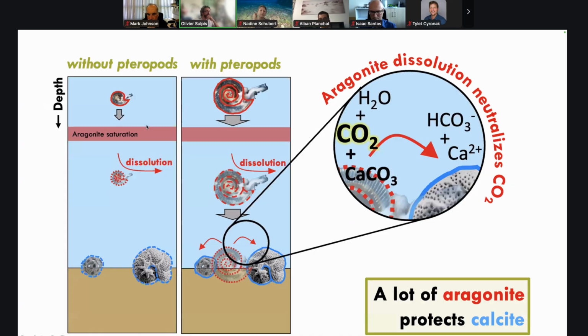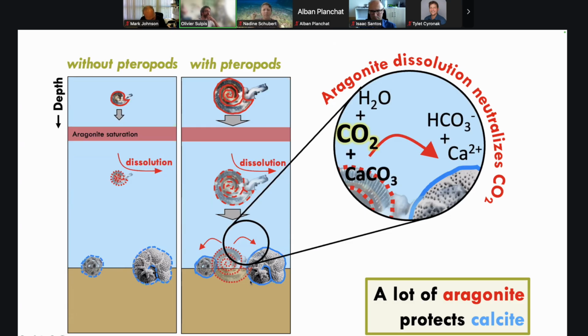Here, that's an example just with calcite in blue and aragonite, with those pteropods. In a situation on the left where we have few pteropods, they would mostly be dissolved as soon as the aragonite saturation depth is crossed, and nothing will reach the seafloor.